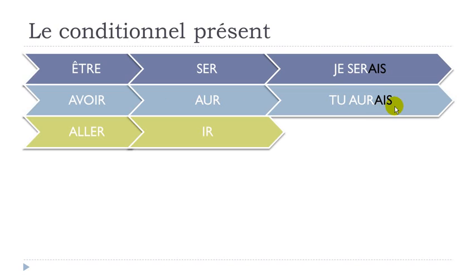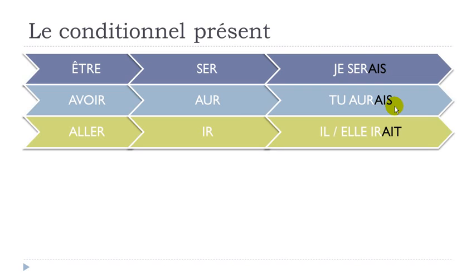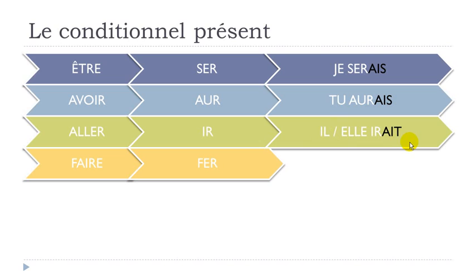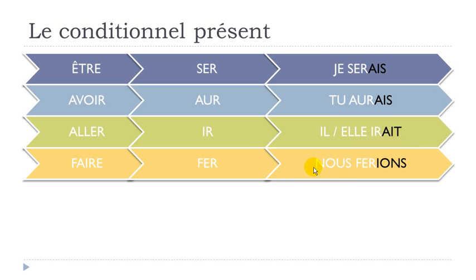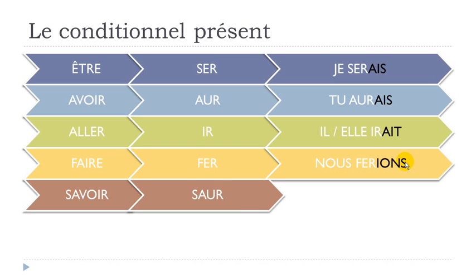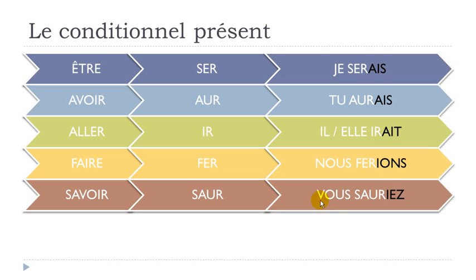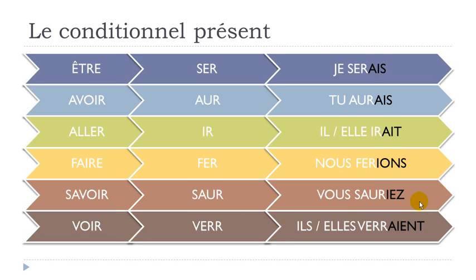Aller will become ir. And you'll get il irait, elle irait. Faire will become fer. Nous ferions. Savoir will become saur. Vous sauriez. Voir will become ver. Il verrait, elle verrait.